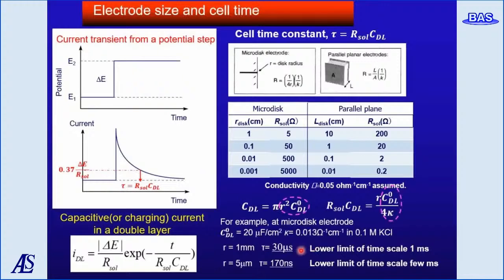When the electrode size becomes smaller, 5 micrometers, it is 170 microseconds. So, if you want to measure the faster time domain, you should use the smaller ultramicroelectrode.